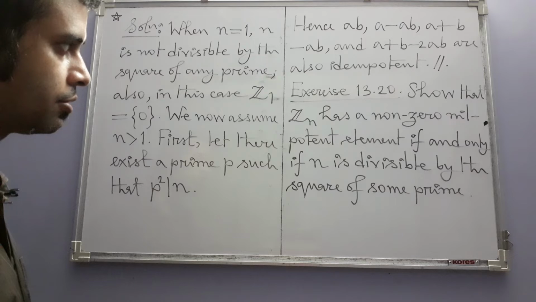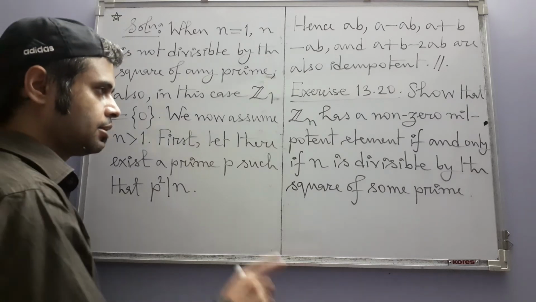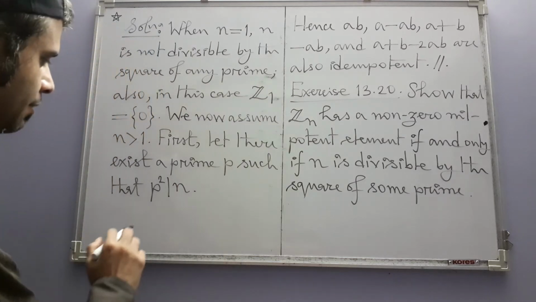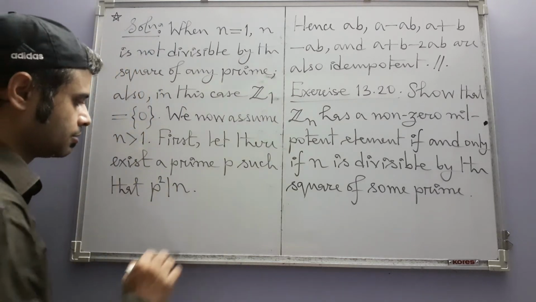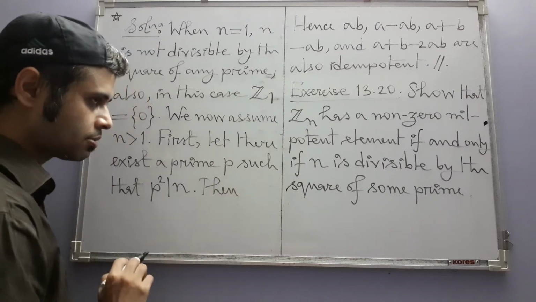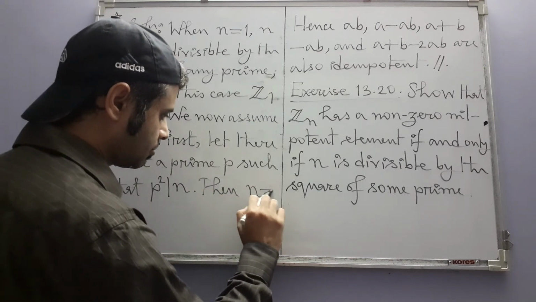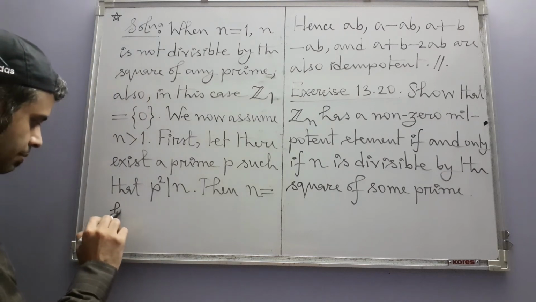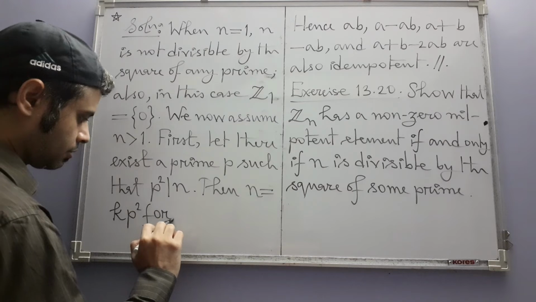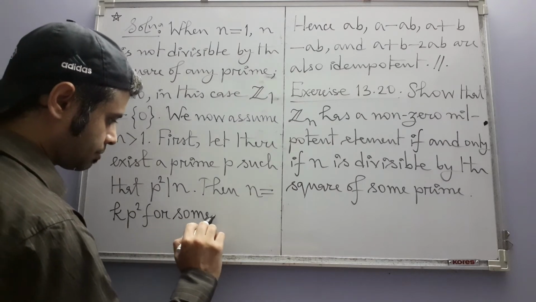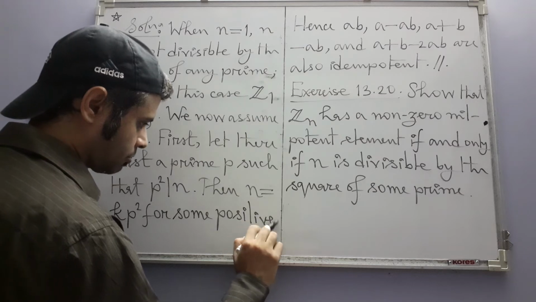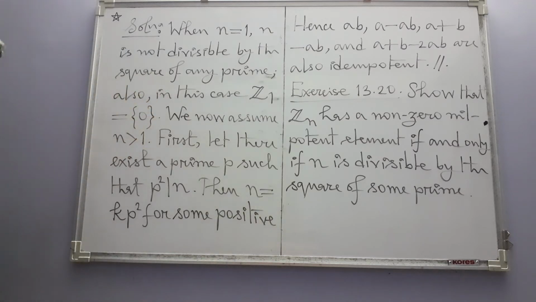Now what we have to show is that there is at least one non-zero nilpotent element in Z_n. So we have to somehow use this condition. Then if p squared divides n, then n is equal to kp² for some positive integer k.